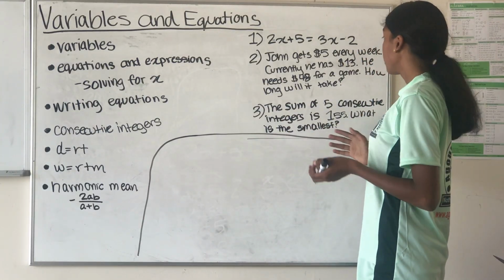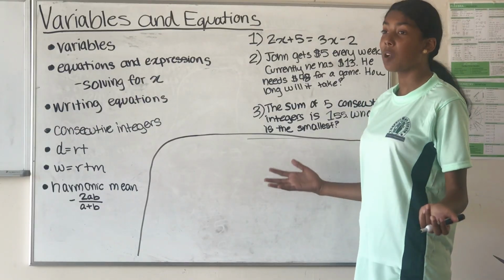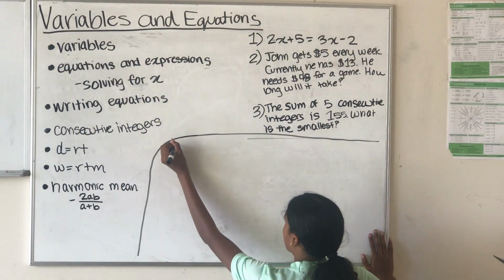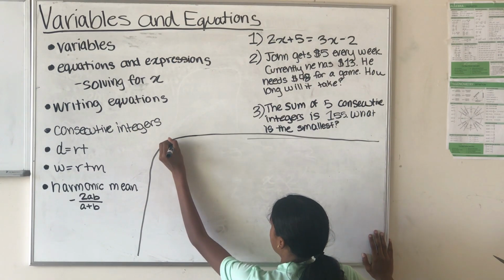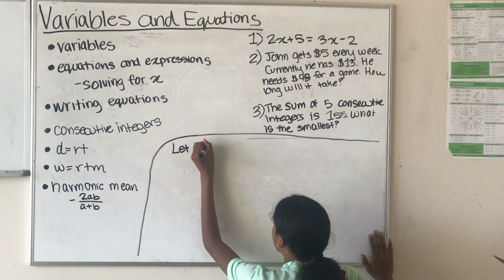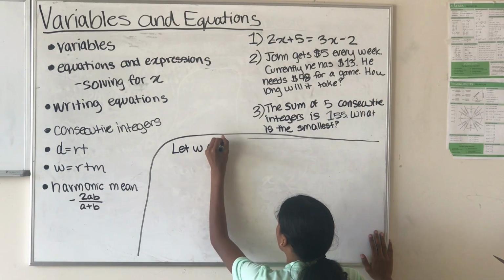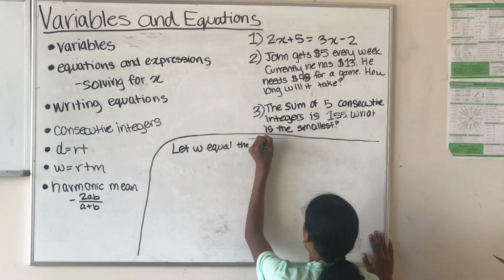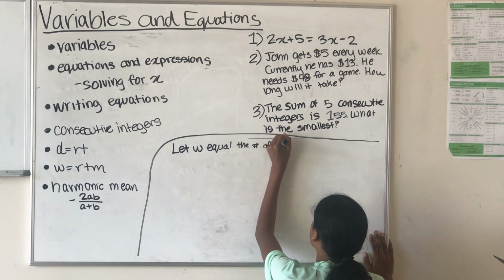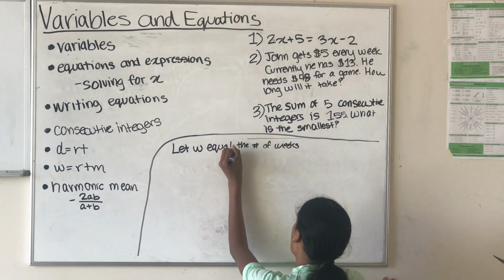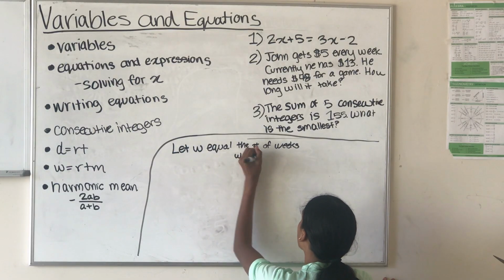And since weeks starts with a W, let's use W. So an important thing so we never forget is it's easy to say let W equal the number of weeks. That way we know what W is. Or we can just say W equals weeks.